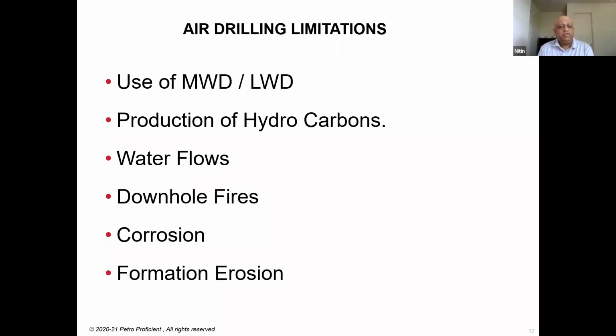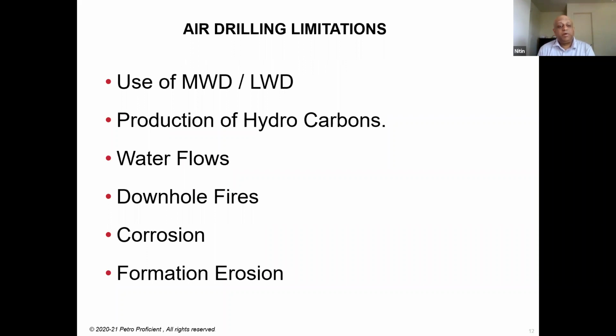One of the issues with using air, and why air is sometimes not permissible, is that in case of any hydrocarbons present in your well from a particular zone, it can possibly lead to downhole fires. Air being a combustible gas, if it comes in contact with hydrocarbons at a certain percentage, it can cause downhole fires. So this is the biggest risk associated with this technique, and it needs to be assessed thoroughly before we can utilize this method.